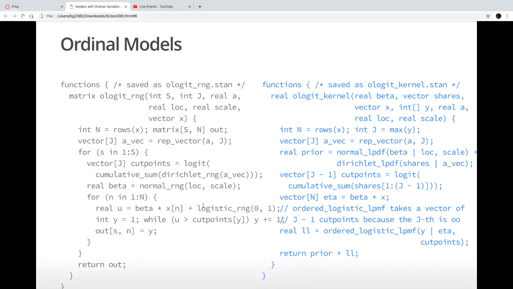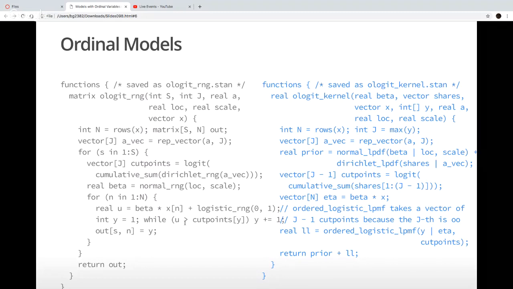And so that is our model of the utility. And then we just have a while loop here, and it got all mushed together, but a while loop where if we start y at 1, and if the utility is greater than the first cut point, then we bump up y.